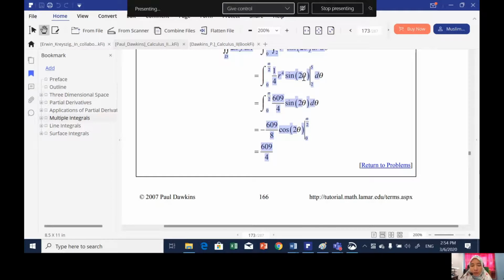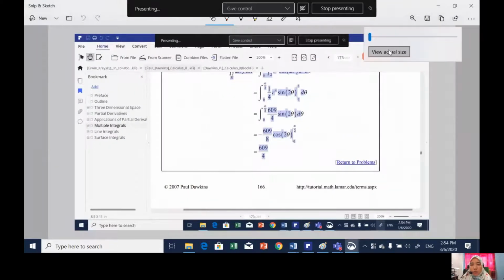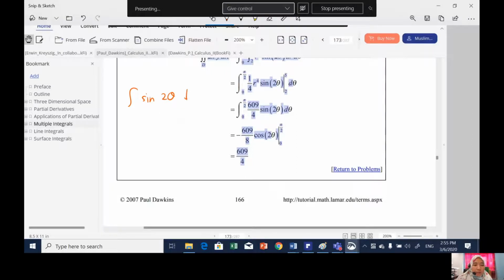There is something I want to inform you, for you to take notes. When we integrate sin 2 theta with respect to theta, this will be negative 1 over 2 cos 2 theta. Evaluate when theta is 0 and pi over 2.